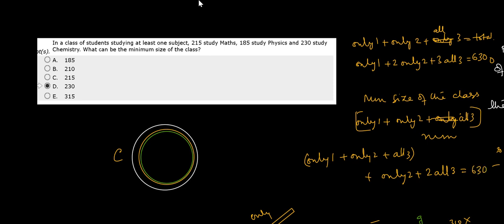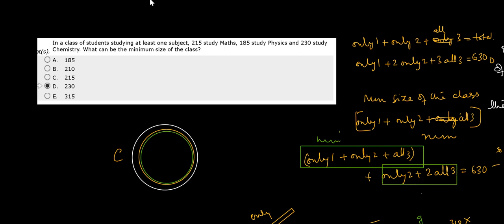Yes, sir. So when this first part would be minimum, this part has to be maximum, correct? Only 2 plus twice all 3 has to be maximum, right?